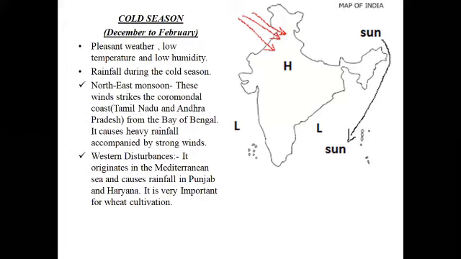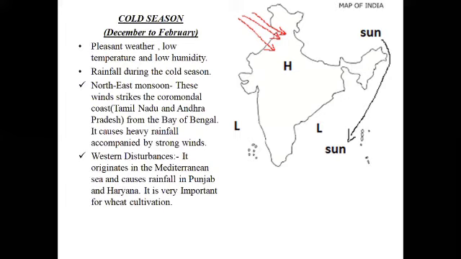This rainfall is very important for wheat cultivation. So in the winter season, you get two types of rainfall: the northeast monsoon, which strikes the Coromandel coast, Tamil Nadu and Andhra Pradesh from the Bay of Bengal and causes heavy rainfall accompanied by strong wind, and the western disturbances.